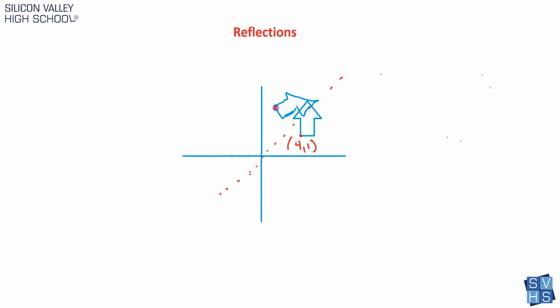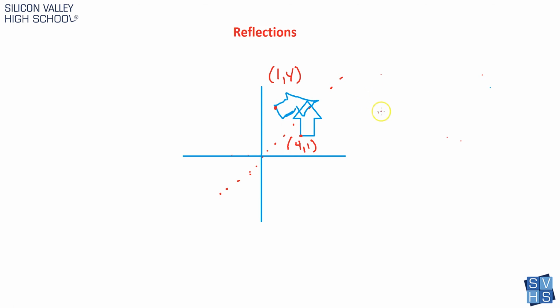What happens is if this was over 4 and up 1, this is going to be over 1 and up 4, right? So all you do for flipping across the y equals x line is switch your x and y values. So if this used to be 4, 1, flipping it across y equals x is now 1, 4. And we would do that for every single point, one at a time, to find our new points.